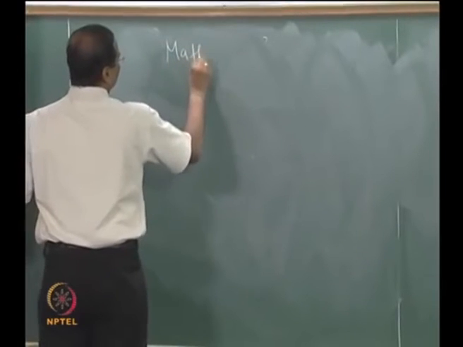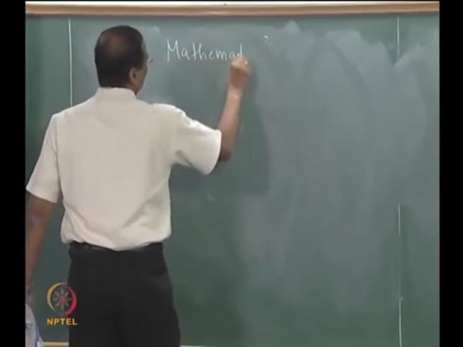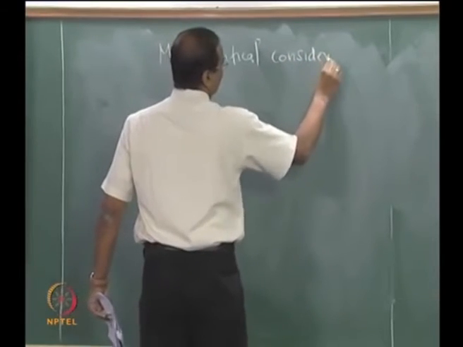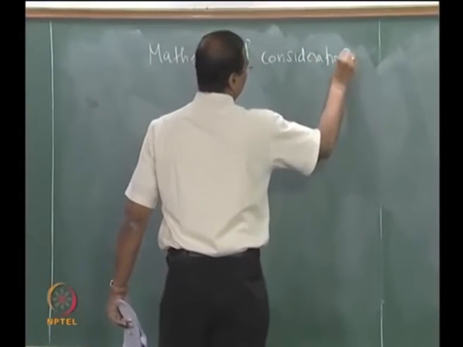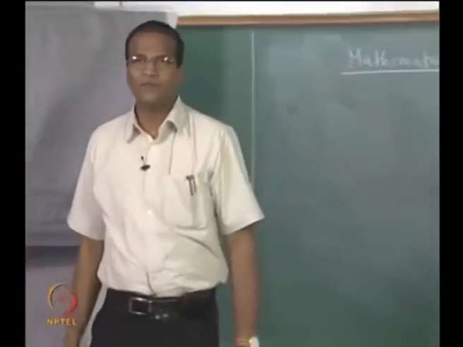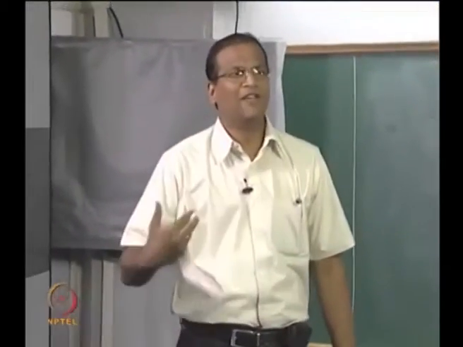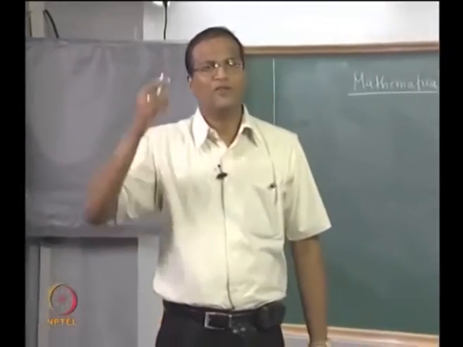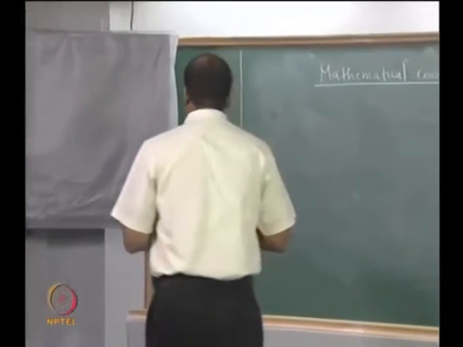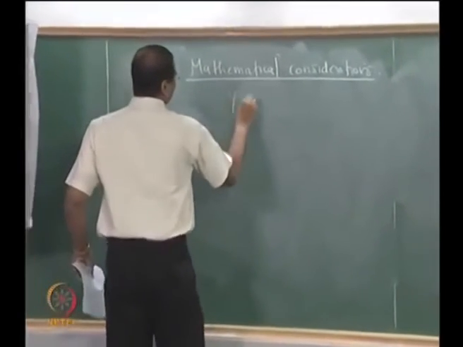Let us say mathematical consideration. First I gave the algorithm, we solved a problem, we saw two variations, and we solved problems in both. Now what is the mathematics behind it?